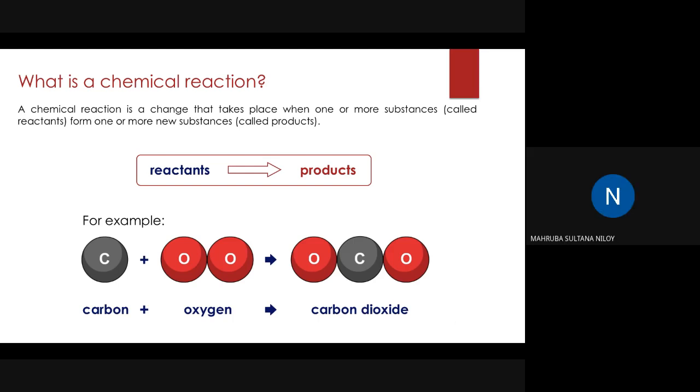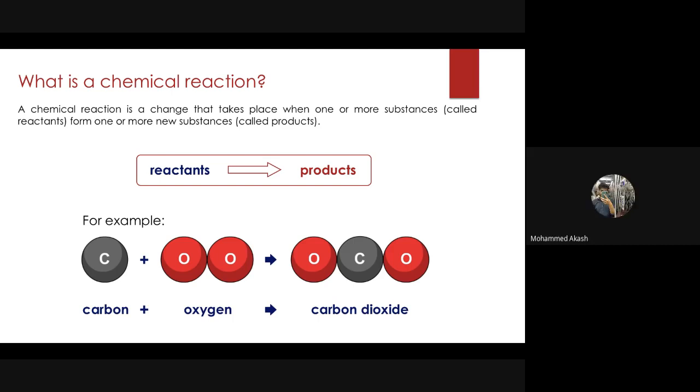Okay, so in a chemical reaction, one or more substances interact together and form a new product. Is it clear? Yes. So here you can see the example of carbon and oxygen combining to form carbon dioxide, right?